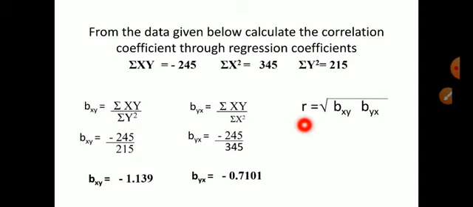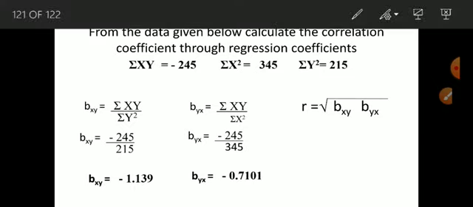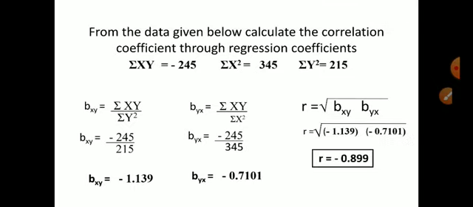What you have to do is substitute the bxy and byx values in order to calculate the R value. R is nothing but the square root of minus 1.139 into minus 0.7101. Understand one thing, minus into minus will not become plus. You have to keep the negative symbol as it is.